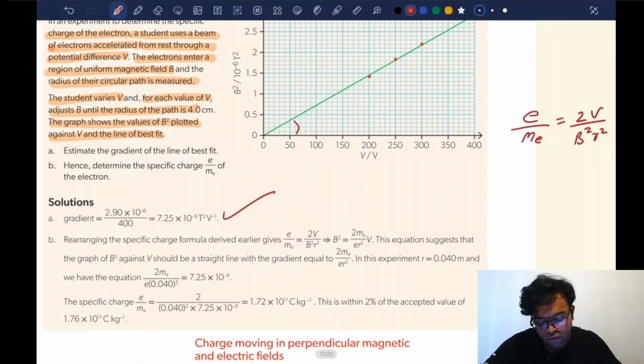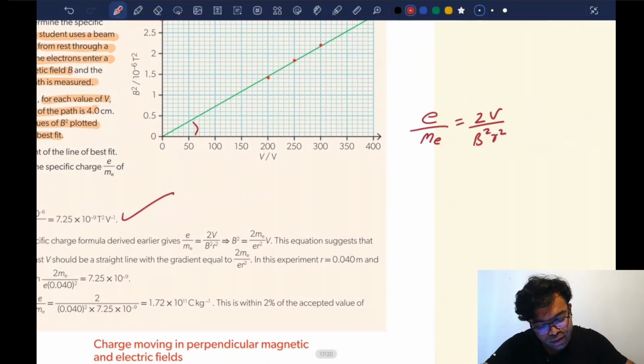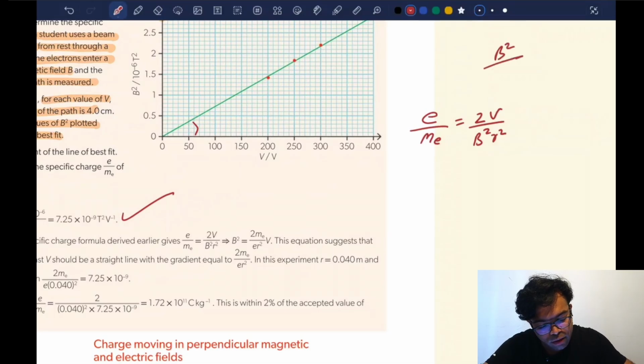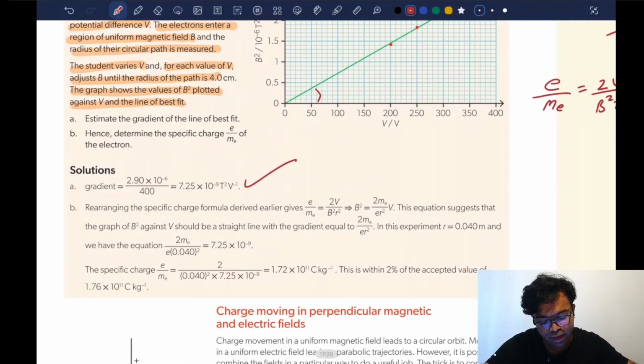But we have already calculated B squared upon V, right? We know this value. It is coming out to be 7.25 into 10 to the power minus 9.